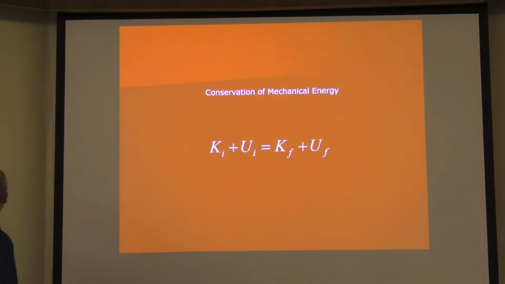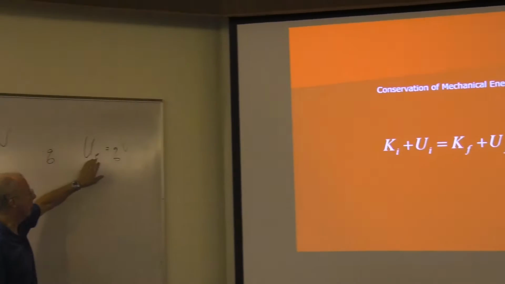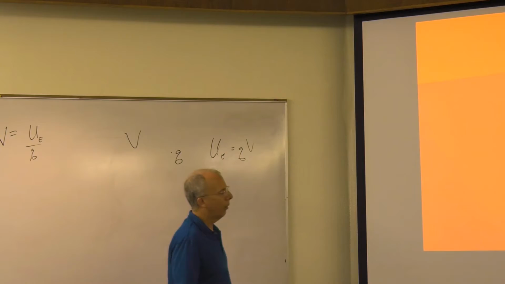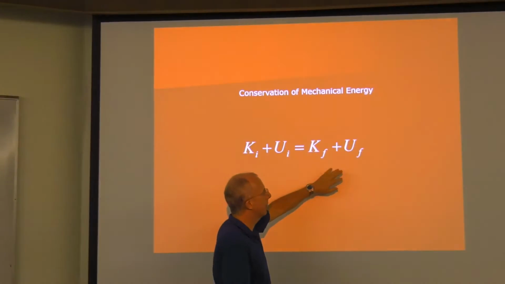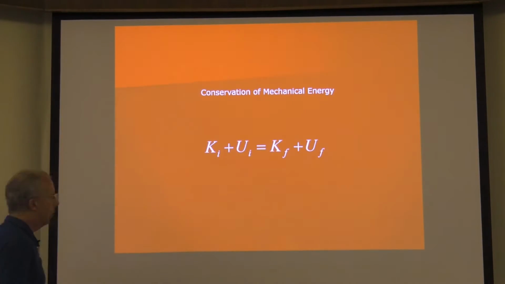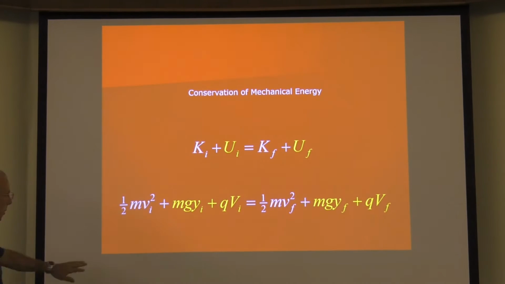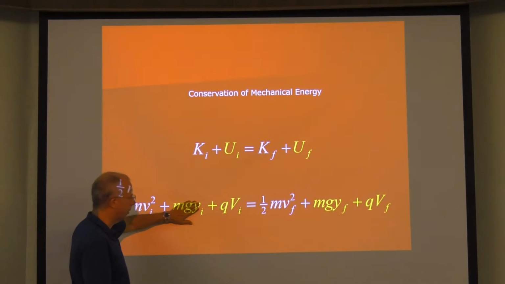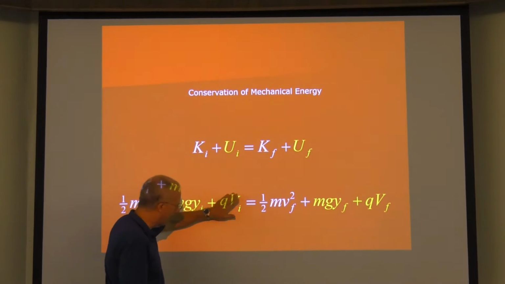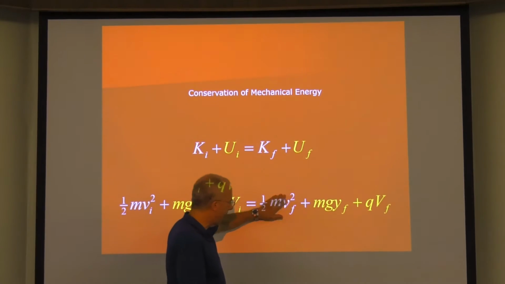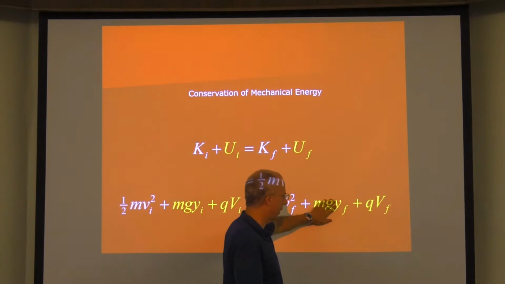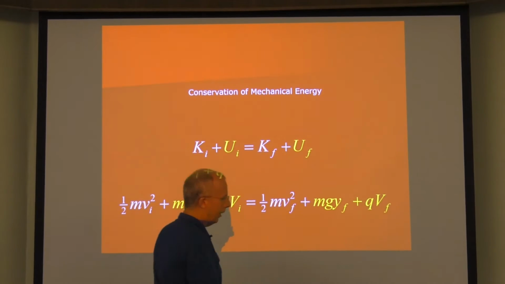But now we have the possibility of electrical potential energy. So let's forget about the spring. This is what we have: initial kinetic, initial gravitational potential, initial electrical potential energy, kinetic energy, gravitational potential energy, electrical potential energy.